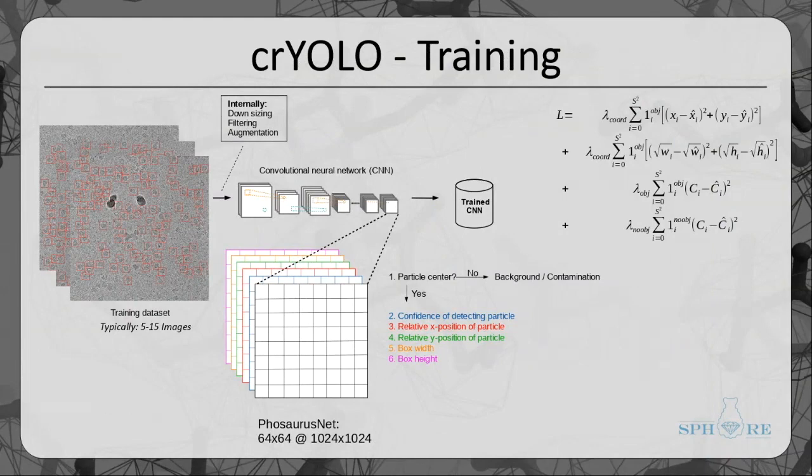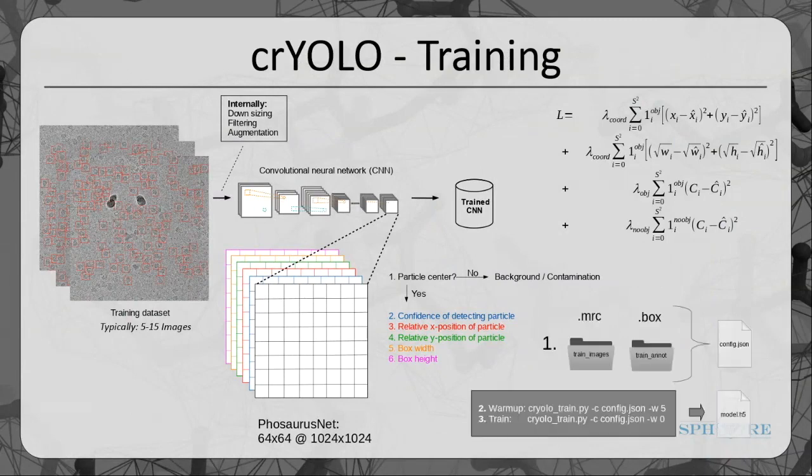The last 2 parts penalize the confidence value for objects, so for particles, and for background and contamination. This is split because then you can apply different weights to errors in picking on positions where actually it's just background.